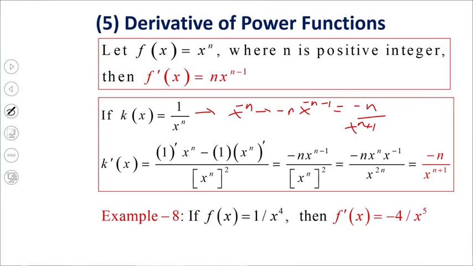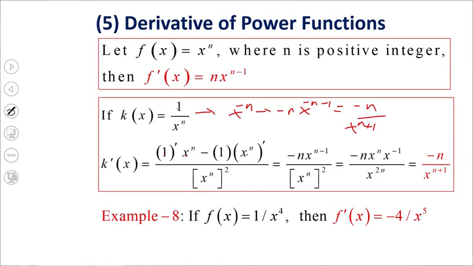Or, if you want to apply the quotient rule, we can use the derivative of the numerator times the denominator minus the numerator times the derivative of the denominator, divided by the denominator squared, and then after simplification you will also get the same result.